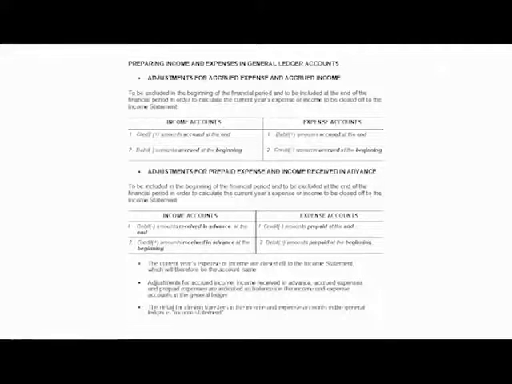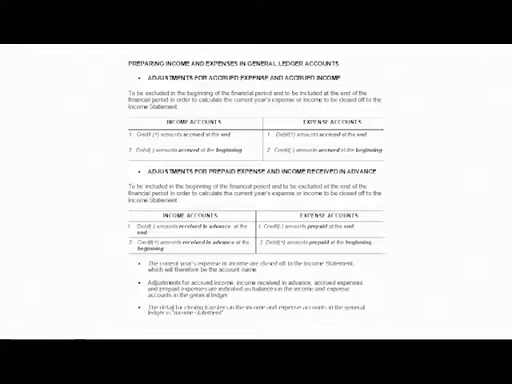You can already see in the income account, number 1, credit the positive amount accrued at the end. And number 2, debit the minus amount accrued at the beginning. While in the expenses account, it is the debit amount. So when you are going to do the ledger, this information must guide you.